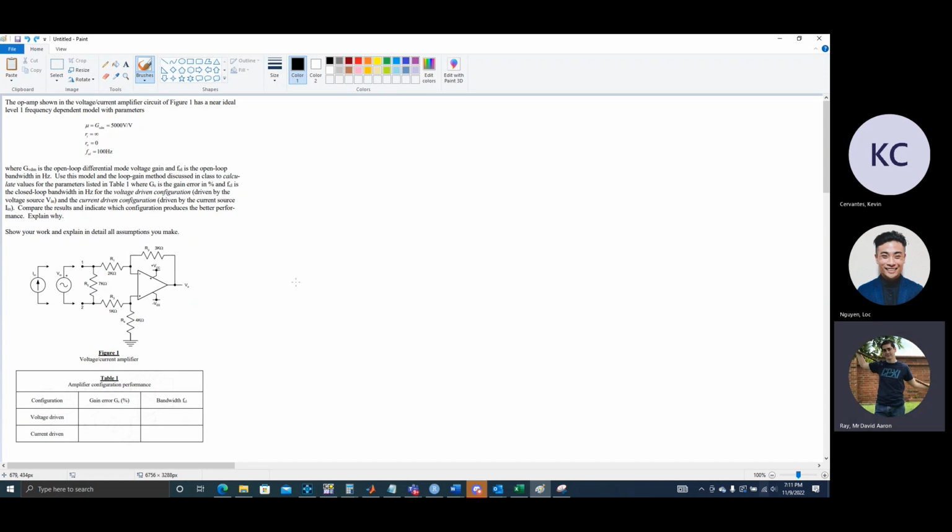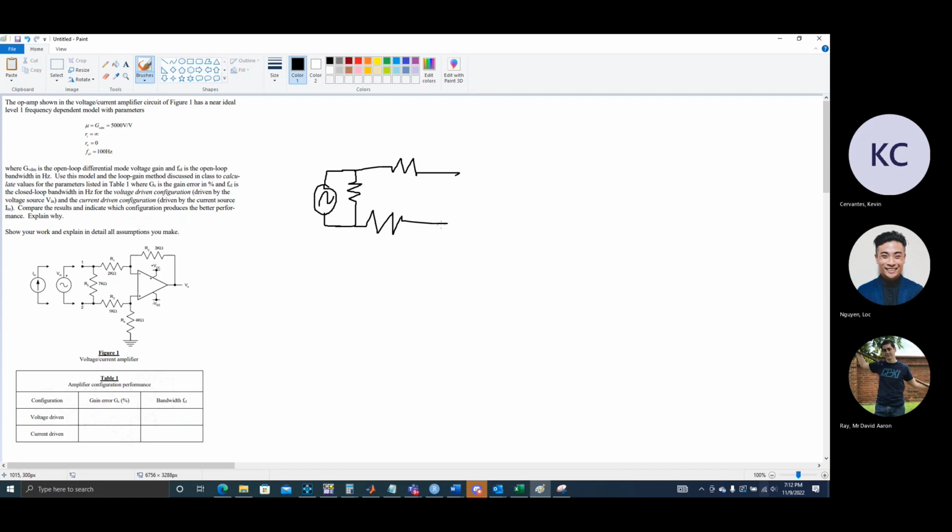Okay, so for this problem, we're going to start by converting the amplifier to, I believe, its small signal model. Since it's a voltage-driven amplifier, we're going to convert it to its voltage form. So we have our source, and it's going to be a resistor. We got another resistor, and one more for good measure, and then a resistor to ground.